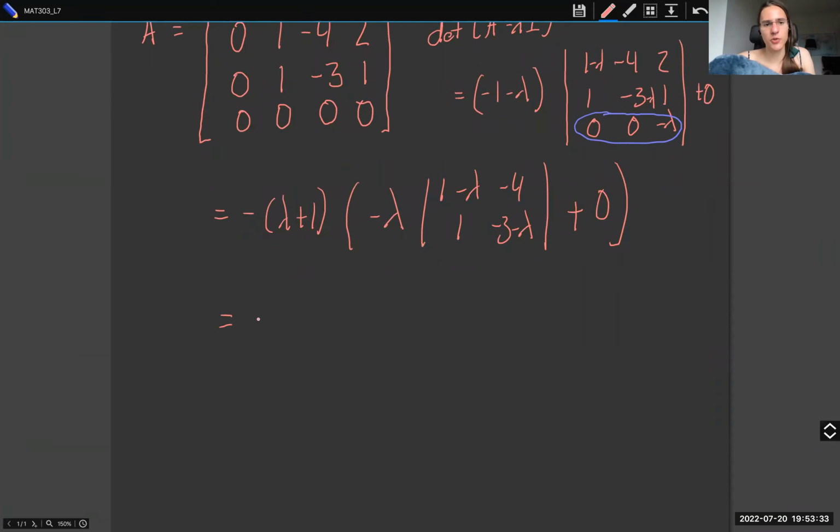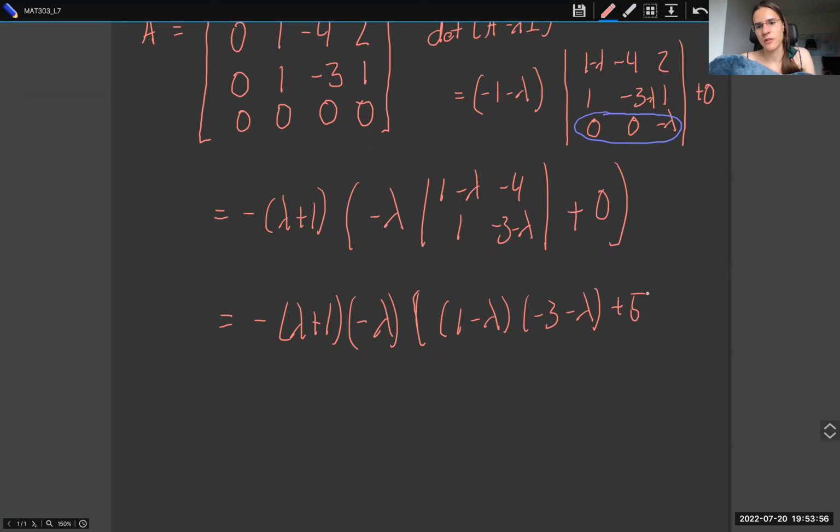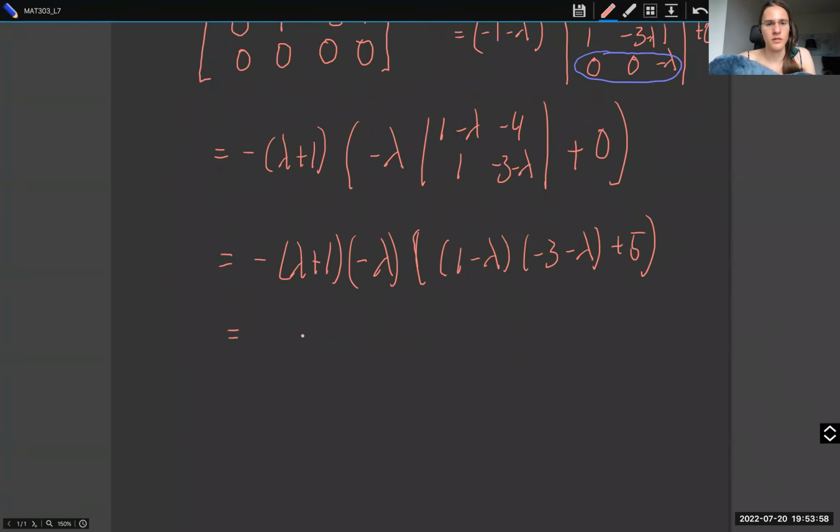So what that's equal to is minus lambda +1, then minus lambda, multiplicatively. Then here it's going to be 1 minus lambda times -3 minus lambda, and then +5. So this minus and this minus cancel out. And anyway, we just want the roots, so we really don't care.